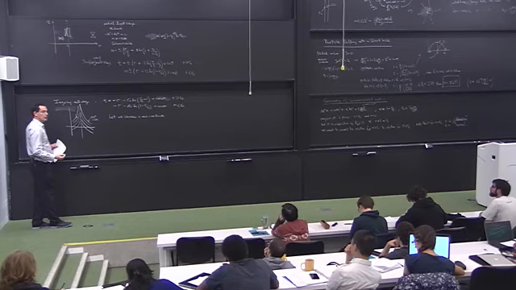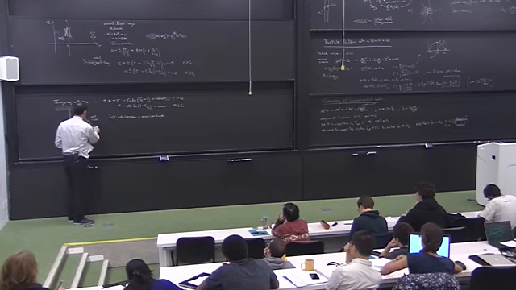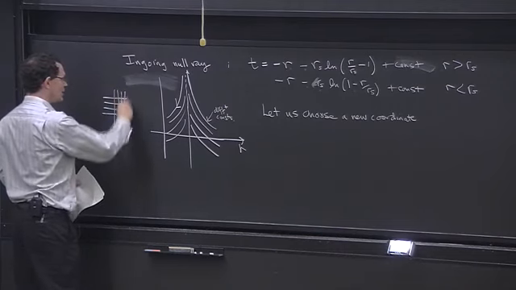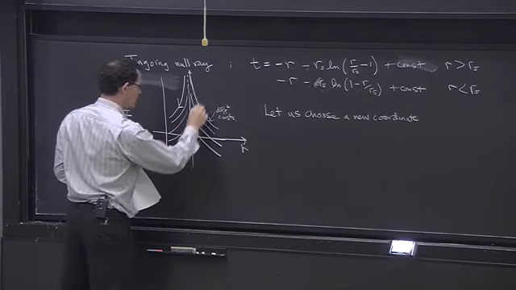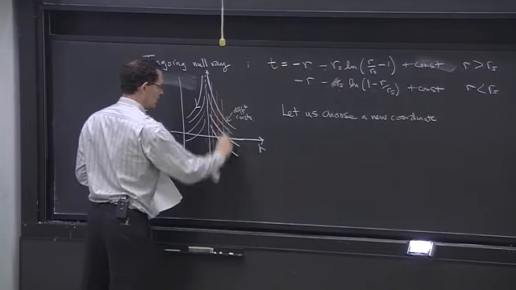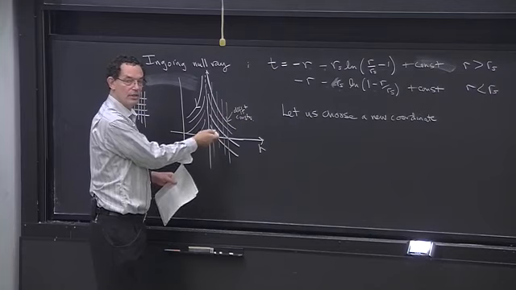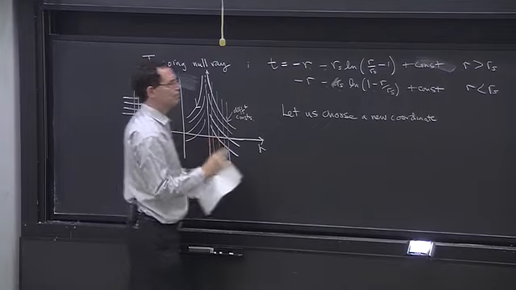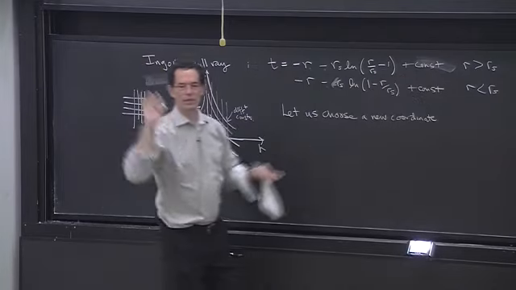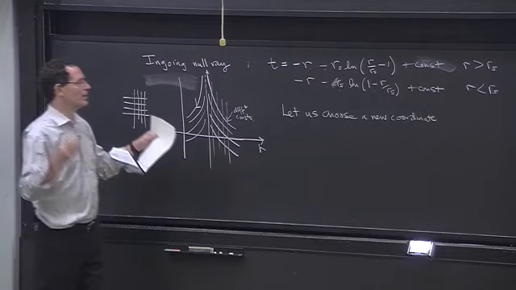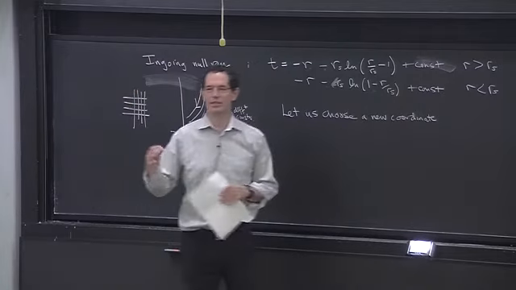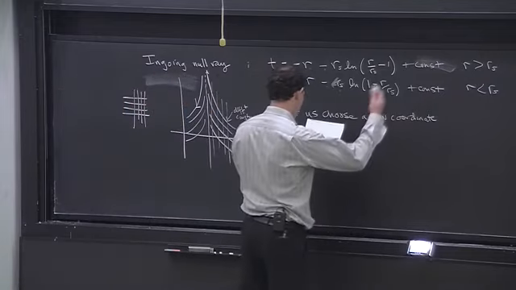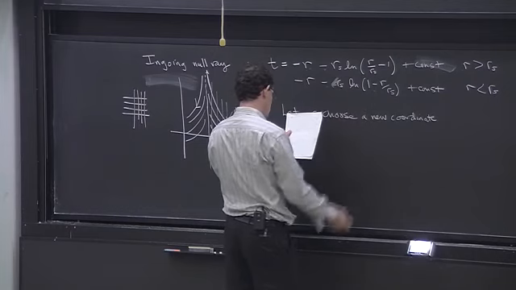So why not choose coordinates where you have r, instead of choosing r and t, which are a square grid in this picture, just choose a grid which is r, i.e. vertical lines, and this combination of t and r. And then obviously in those coordinates, this new coordinate is constant, okay, because that's the definition of it. It's the quantity which is constant on ingoing null rays.